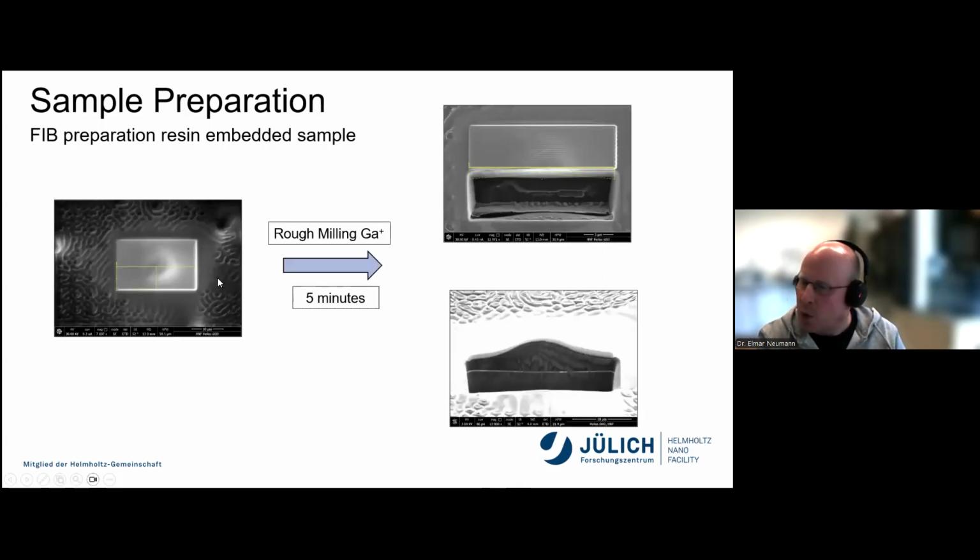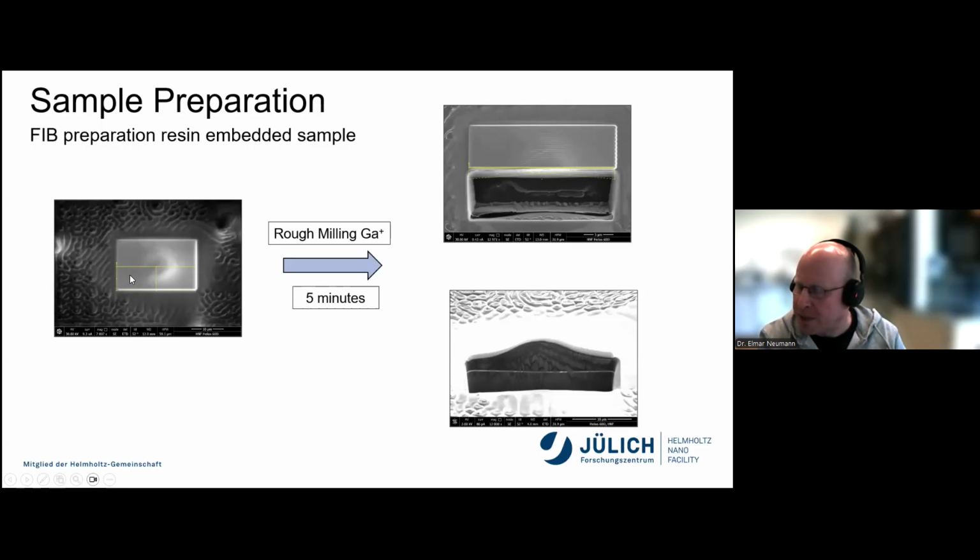Here you see what happens when we're done with the ion beam, because we also need to adjust the ion beam first and focus and do all this, and you see the surrounding parts are degraded greatly here. Next, we do some rough milling.